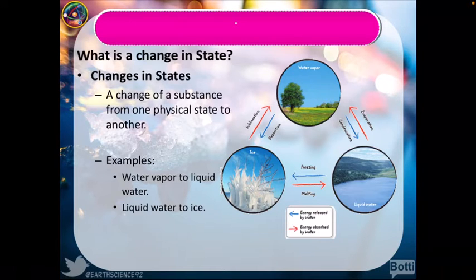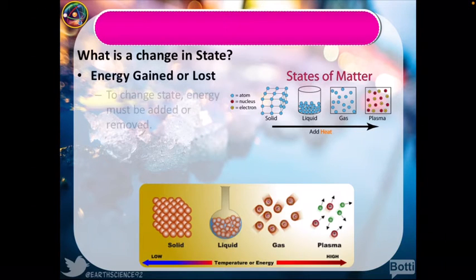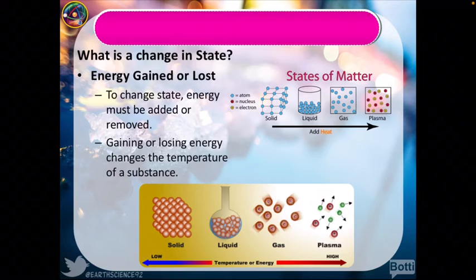Now let us see each and everything in detail. First, you might have a thought: what will happen if a state of matter melts or solidifies? Will the energy be gained or lost?